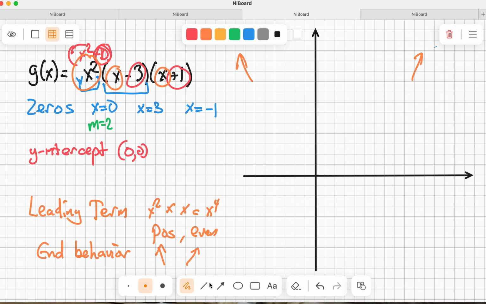I've got to get to my numbers, so let's put some numbers on here. I'm going from -1 to 3. Let's spread this out a little bit more. Here's -1, 1, 2, 3. My y-intercept is (0, 0), so I'm really not sure how high or low it's going to go.